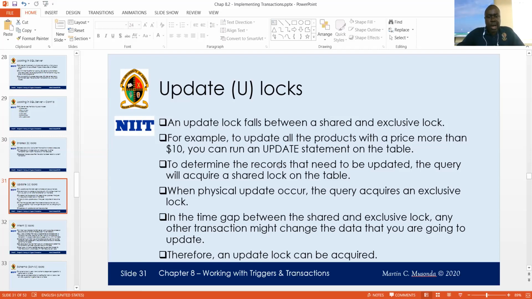When a physical update occurs, that is when data is now being committed to a table, the query acquires an exclusive lock. In other words, when the data is being saved in the table, at that point, it will not allow other transactions to read or update or access that data.